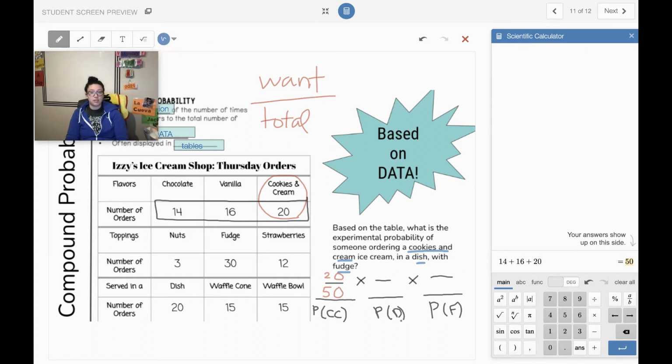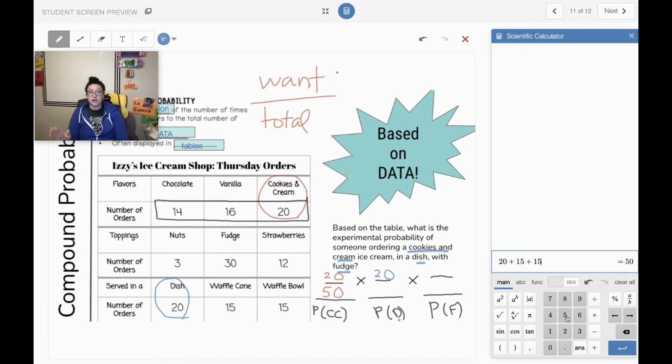Now let's look at the probability of ordering a dish. Where on my table is the dish? That bottom left right there. We want to know how many people ordered a dish. 20 people got a dish out of how many total people? Again, we got to add 20 plus 15 plus 15.